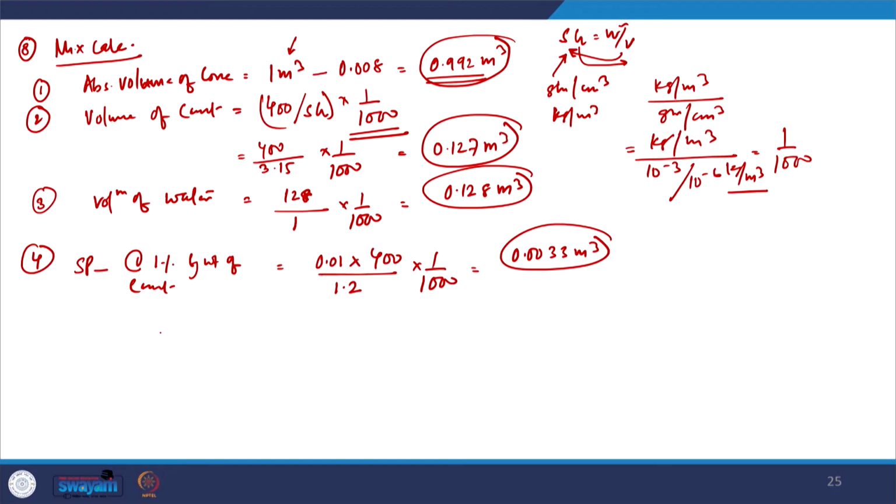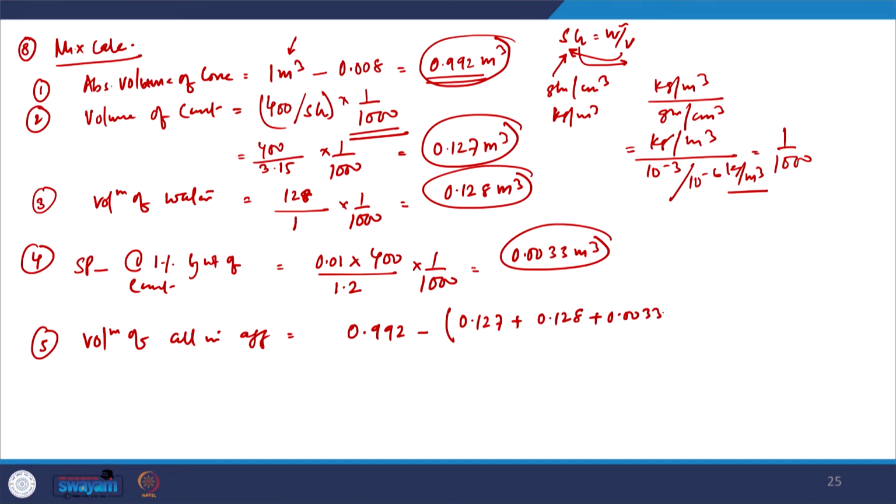So, next step is volume of all-in aggregate. Our absolute volume is 0.992 minus summation of all the other volumes. So, this becomes equal to 0.7337 meter cube.